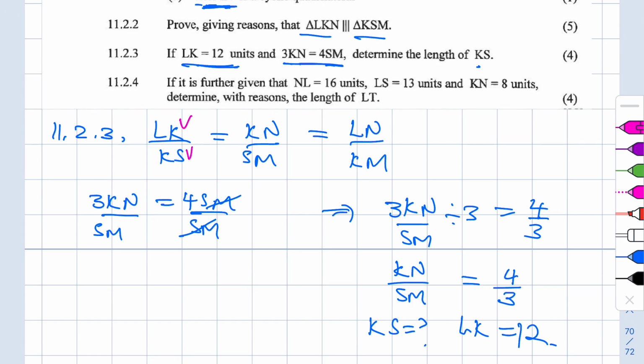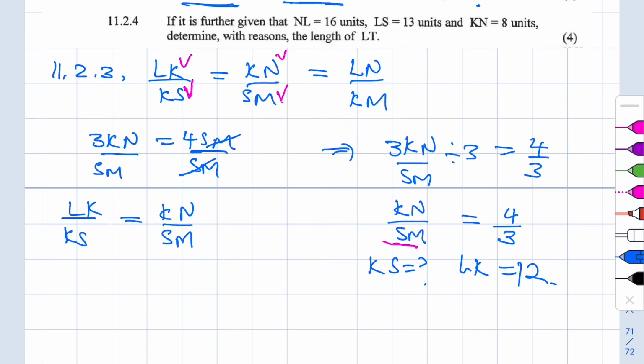KS, yes, is what we are looking for. And then KN from this ratio, yes, and SM, yes. So all you do is write LK over KS is equal to KN over SM.